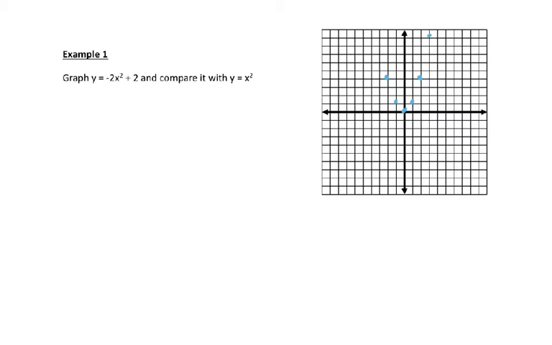And negative 3. 1, 2, 3. 9 fits on this one. So I'm going to go ahead and put on our parent graph so we can see it. This is what we're comparing it to. There's our parent graph. And I'll go ahead and label it parent.